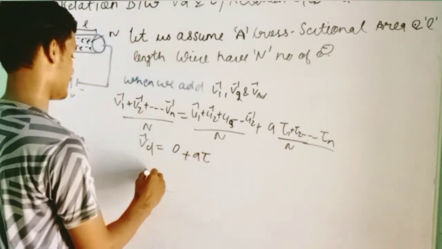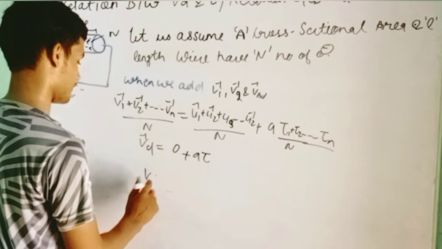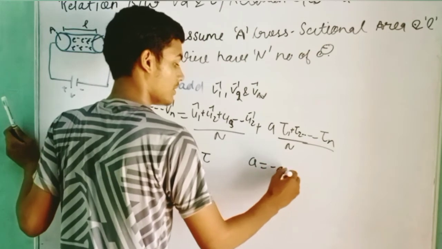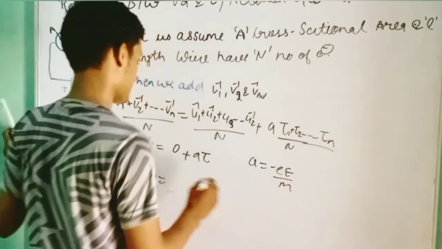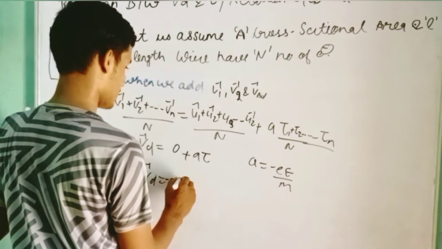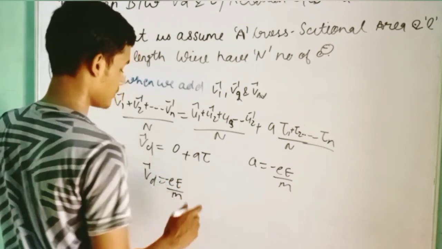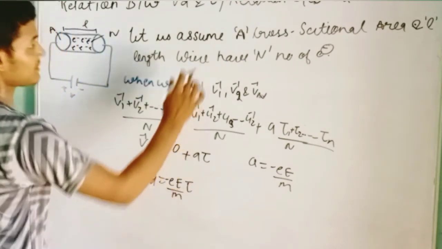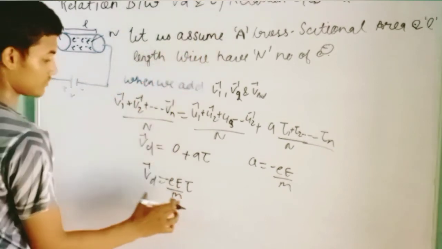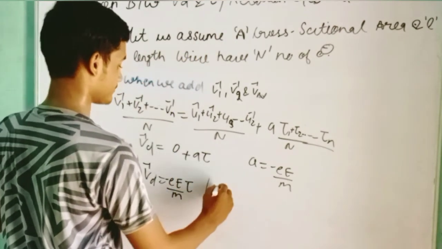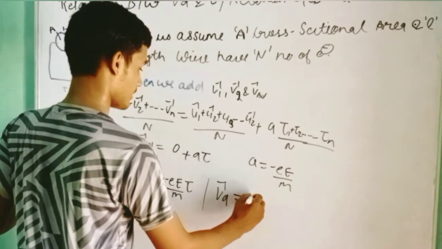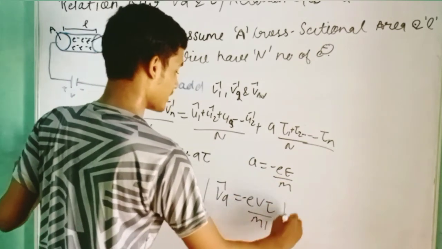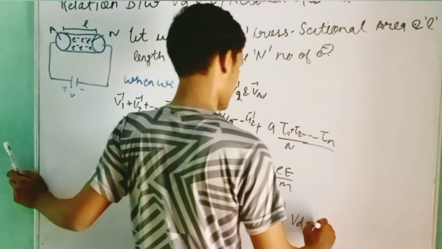So vd is equal to a tau, and what is the value of a? a is eE upon m. When we take the vector, we can take a minus sign, and that is the relation between vd and E. So vd is equal to eE tau upon m.